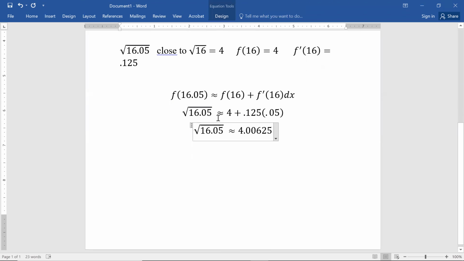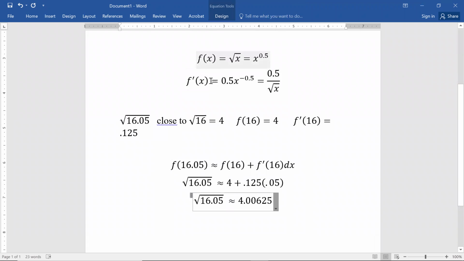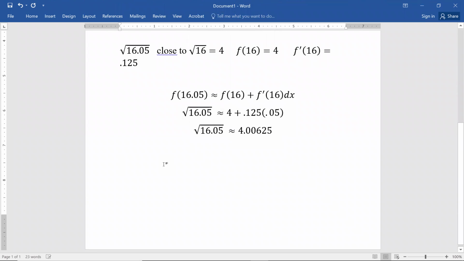We're going to do the same thing for the square root of 24. What's that close to?